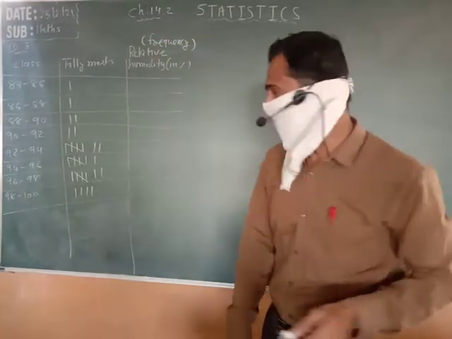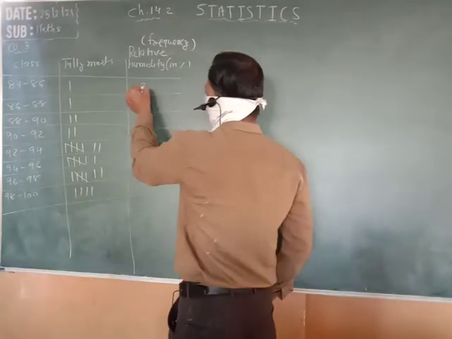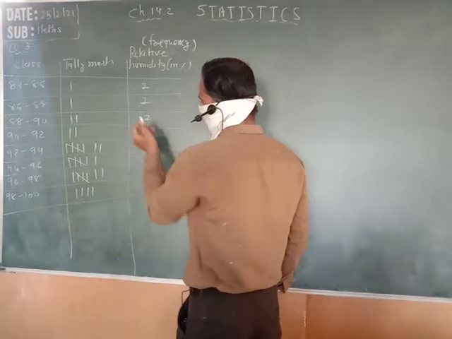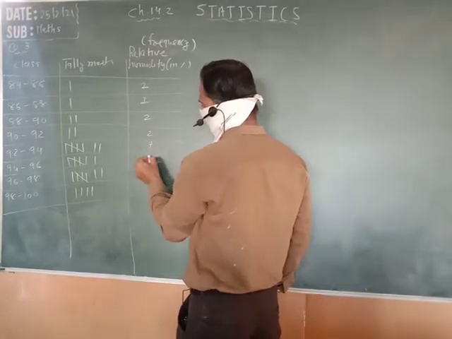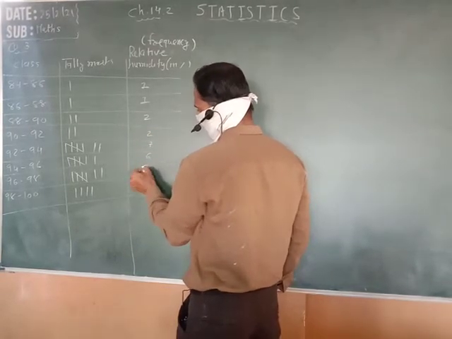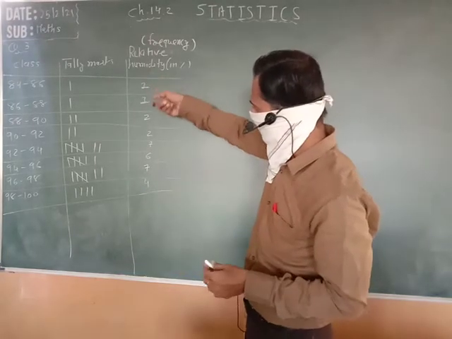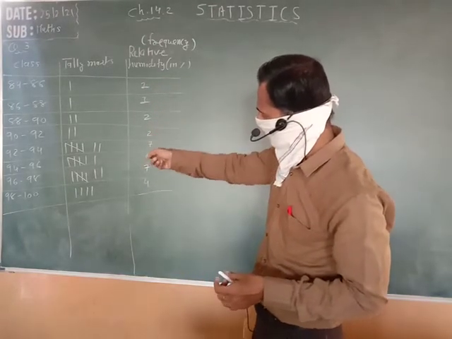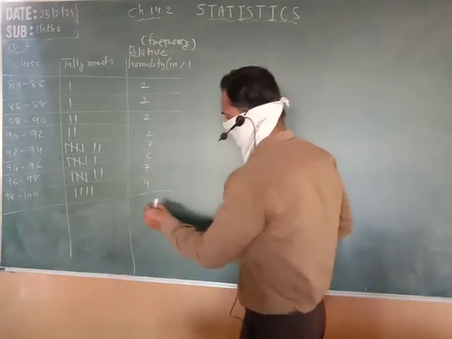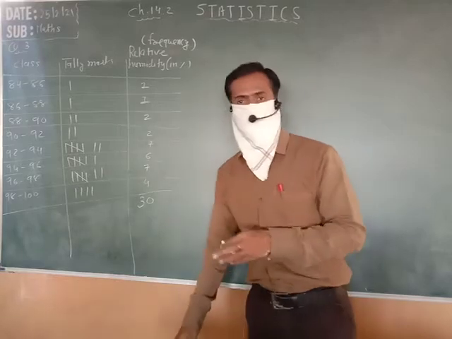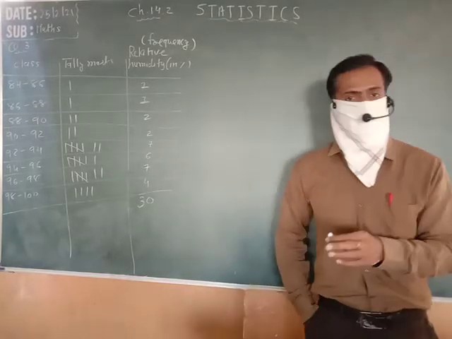So the frequencies are 1, 1, 2, 2, 7, 6, 7, 4. If I add all of these, I get 30. We have 30 observations and we are getting a sum of 30, so our observations are correct.